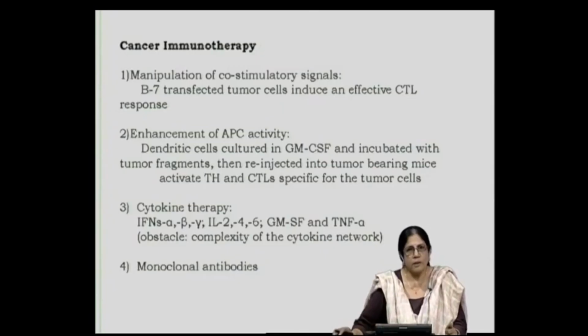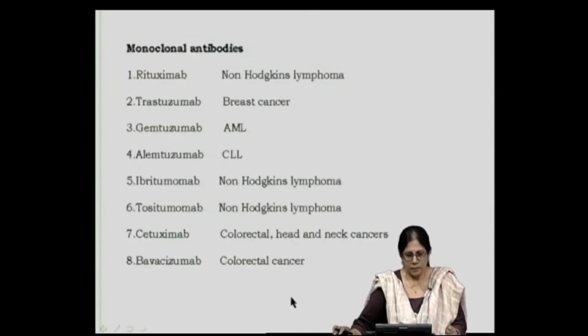Fourth, in cancer immunotherapy, which probably you all must have already read quite a lot about, are monoclonal antibodies. There are 8 different monoclonal antibodies that are commercially available and are being used to treat cancers.